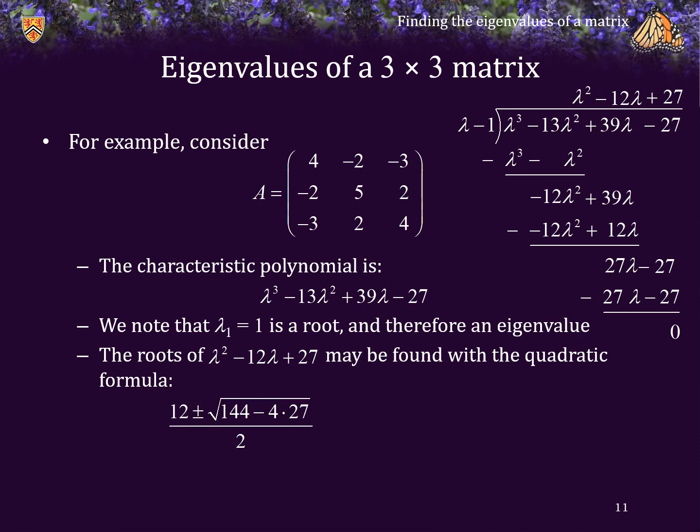So we have 12 plus or minus root of 144 minus 4 times 27, all over 2, and that's just 6 plus or minus root 36 over 2, which is 6 plus or minus 3. Therefore, the eigenvalues of this 3 by 3 matrix are 1, 3, and 9. Again, this is really only possible if you can quickly detect one of the roots of the characteristic polynomial.